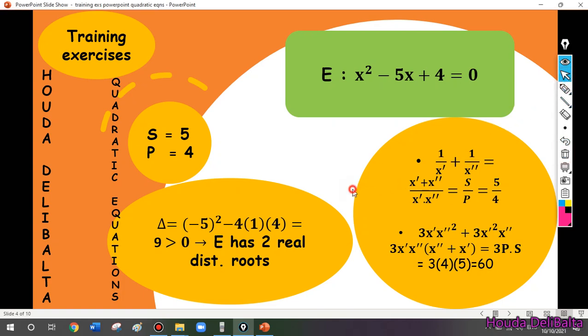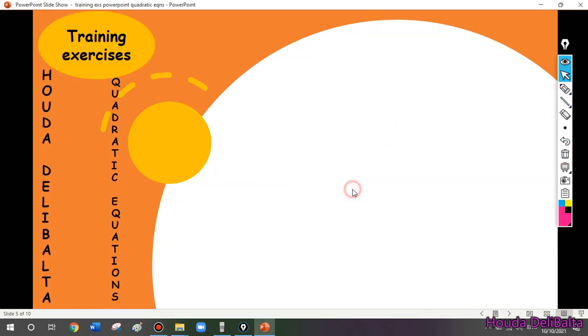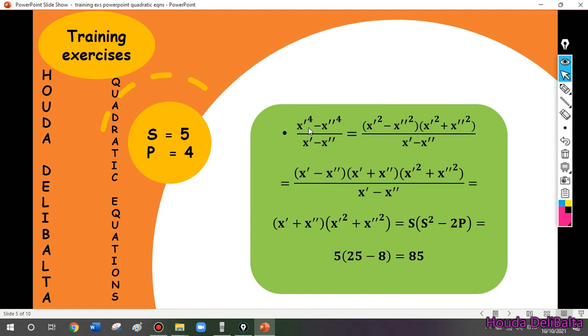Let's move to the third one, which is x prime power 4 minus x double prime power 4 over x prime minus x double prime. According to that one, that's an identity. Whenever we see an even power here, for example, and minus in the middle, we think of the identity that looks like the difference of two squares.